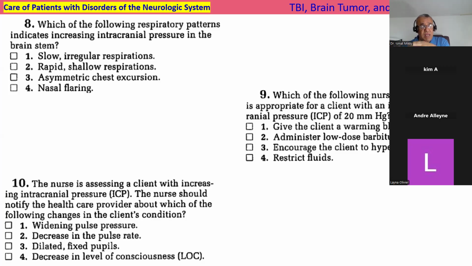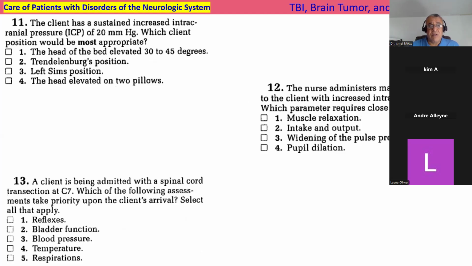Later on, the patient may develop wide pulse pressure, decreased pulse rate, or dilated fixed pupils. But we have to take care of the early signs of increased ICP: changes in level of consciousness, especially decreased level of consciousness.